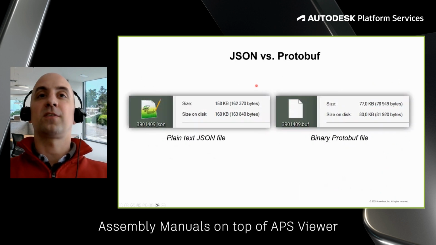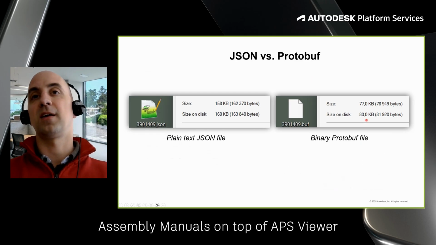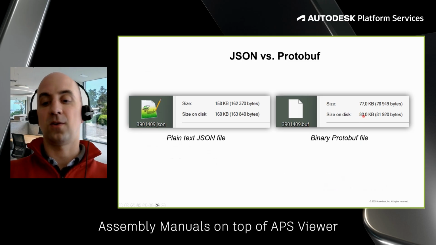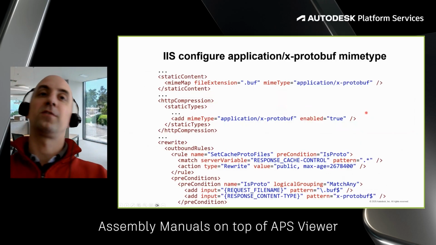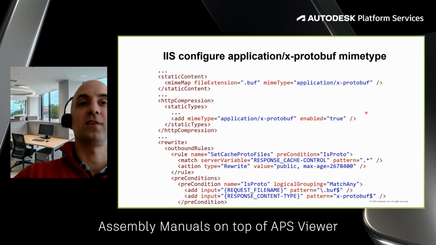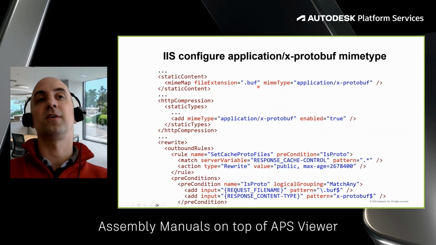So what about the file size? If you compare JSON to protobuf, then for the same data, in our case that I'm showing here, the protobuf is twice as small, 80 kilobytes here. One downside of the protobuf is that we essentially had to come up with our own extension for it, which we call BUF.